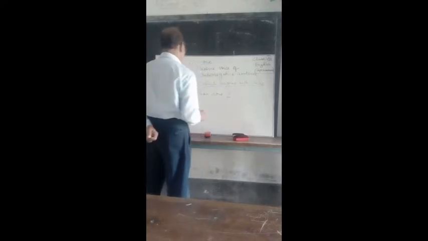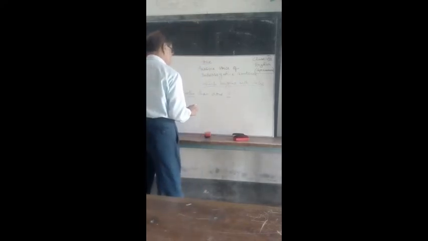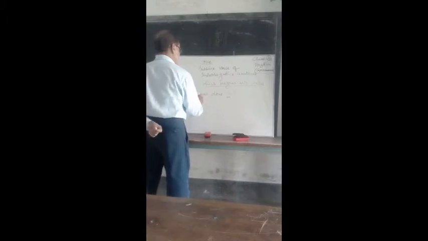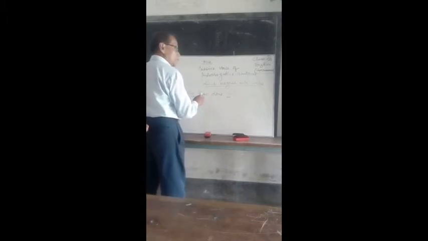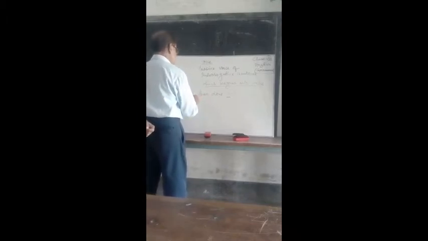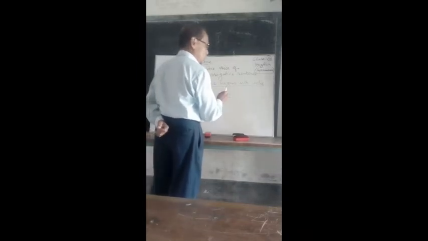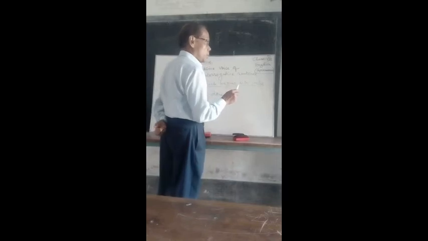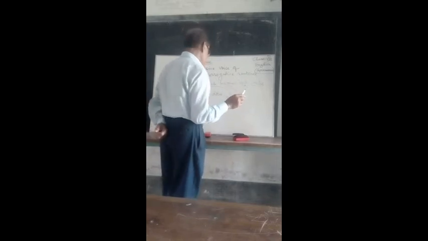It is the object and we will take it at first. Notice that as it is an interrogative sentence and it is present perfect, we have to follow the rules of present perfect.